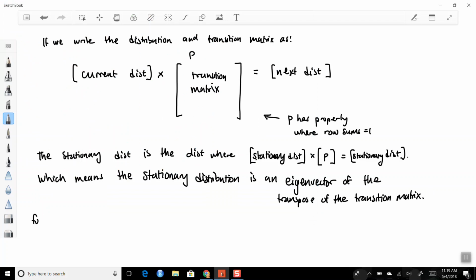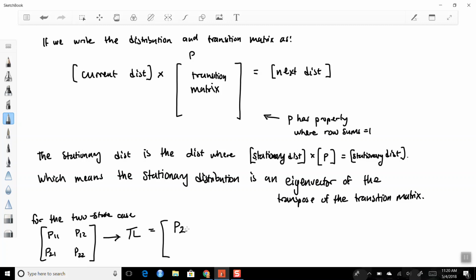And for the two-state case, if you have P11, P12, P21, and P22, then the stationary distribution pi will equal P21 over P12 plus P21, comma P12 over P12 plus P21.